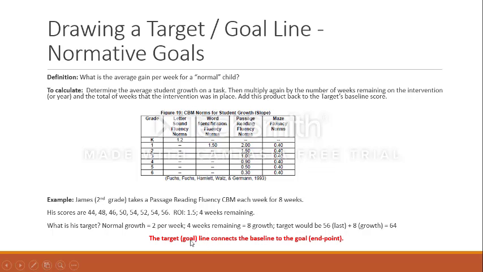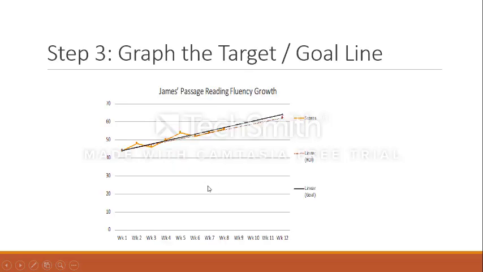So the target line, the goal, connects to the baseline, and you have something that looks like this. Remembering 44 is where he started, and then we have his goal line, which is this darker, blacker line. That's where we want him to get by the end of his intervention. And this is where we think he's going to get based off his current pace.